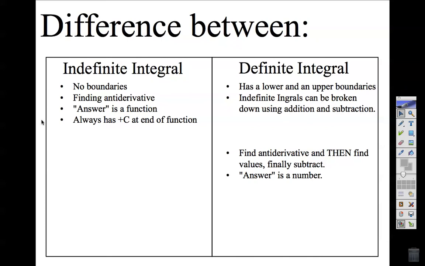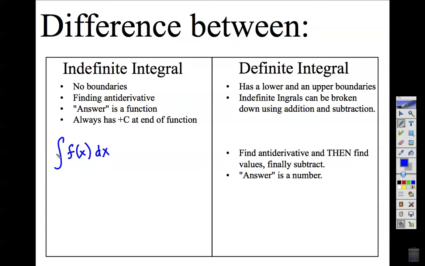So what is the difference between an indefinite integral and a definite integral? The indefinite integral has no boundaries, no limits. It is written as the indefinite integral of f of x dx. This is just us finding the antiderivative.